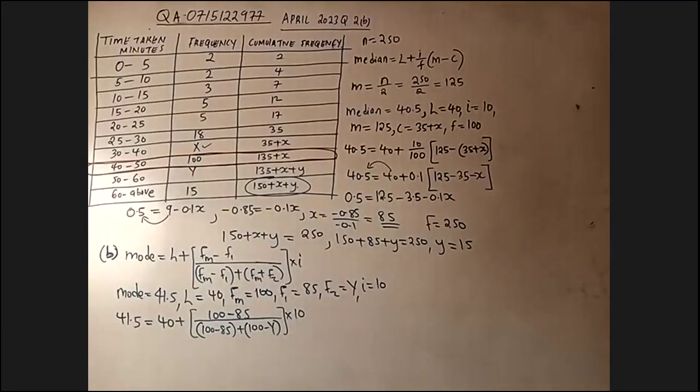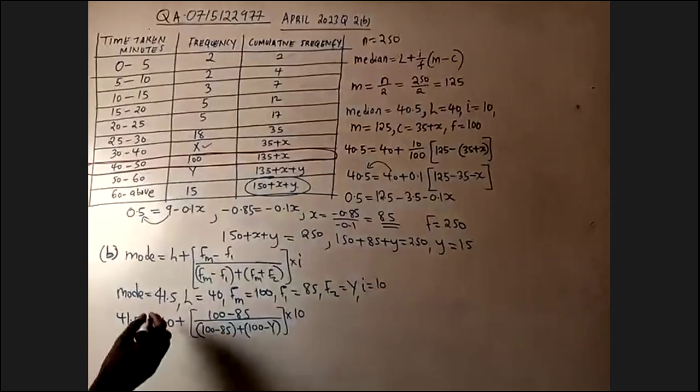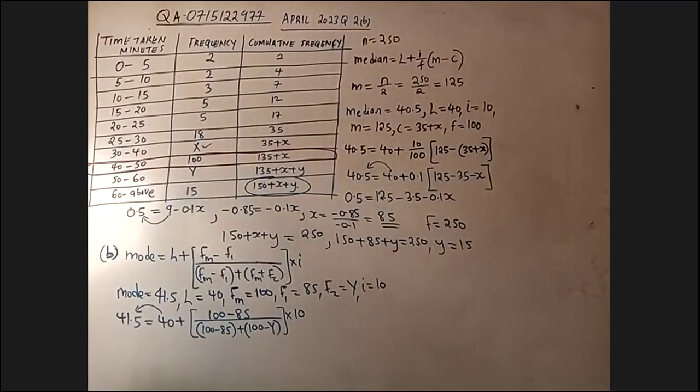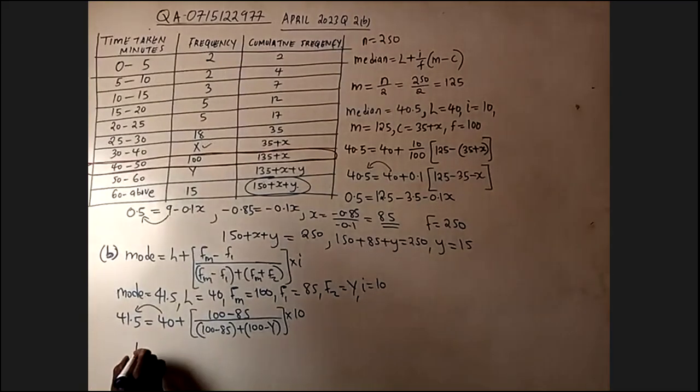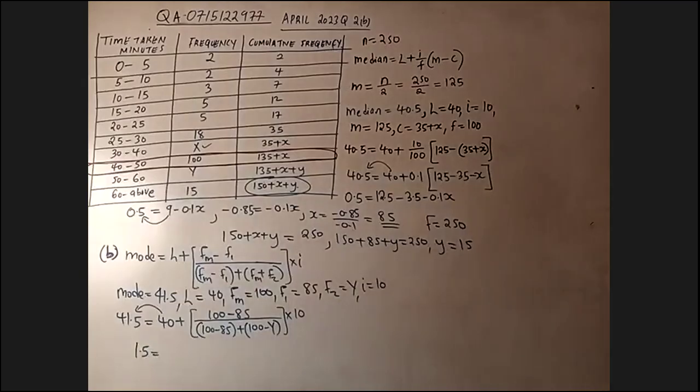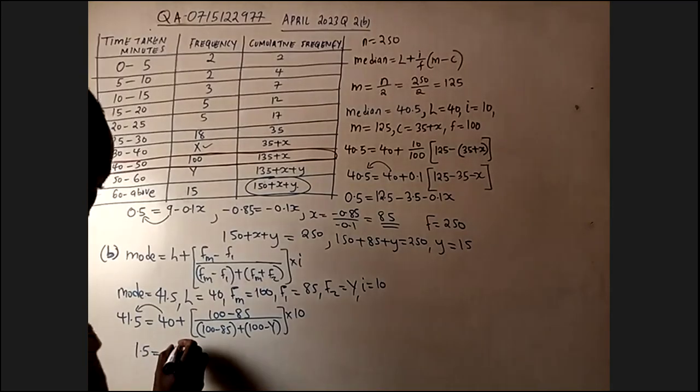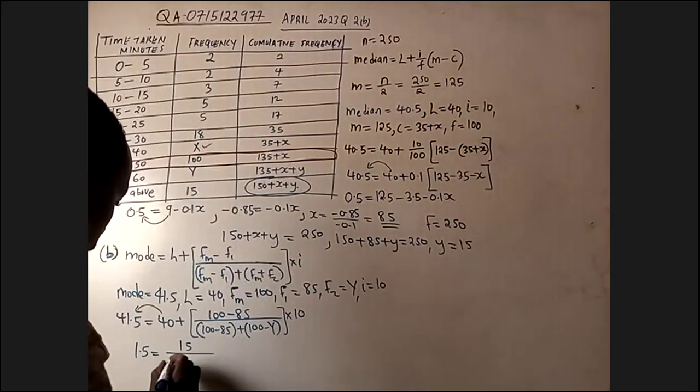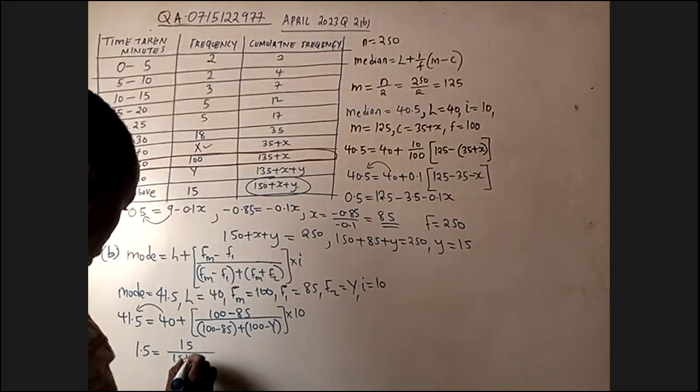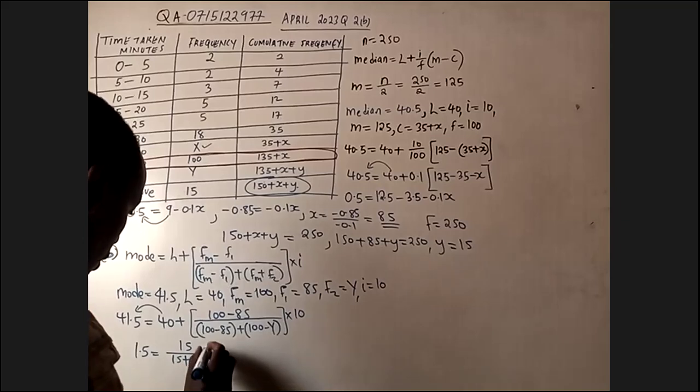Now, let us start by subtracting. Take the 40 to the other side: 41.5 minus 40 is 1.5, equal to 15 over 15 plus 100 minus y, multiplied by 10.